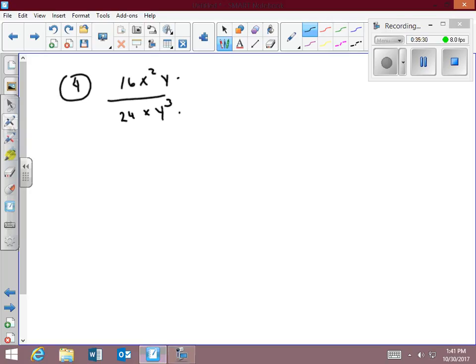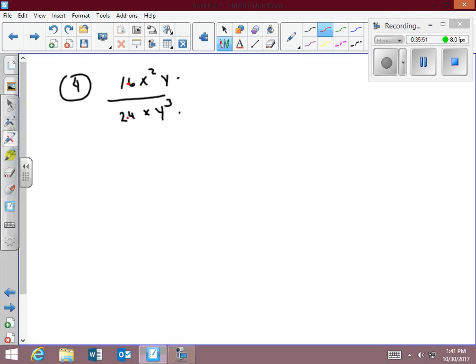So you take each one of these term by term. You take the numerical coefficients, the 16 and 24, and you say, is there something in common that they have? 8. And you'll take the 8 out.